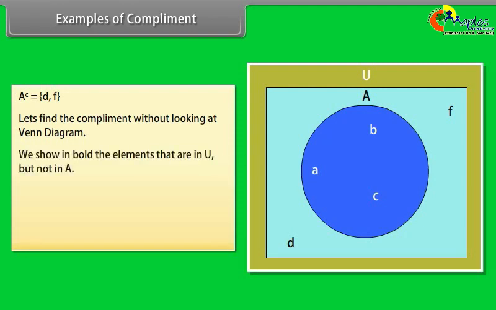We show in bold the elements that are in U but not in A. A is equal to {A, B, C}. U is equal to {A, B, C, D, F}. So, complement of A is {D, F}.